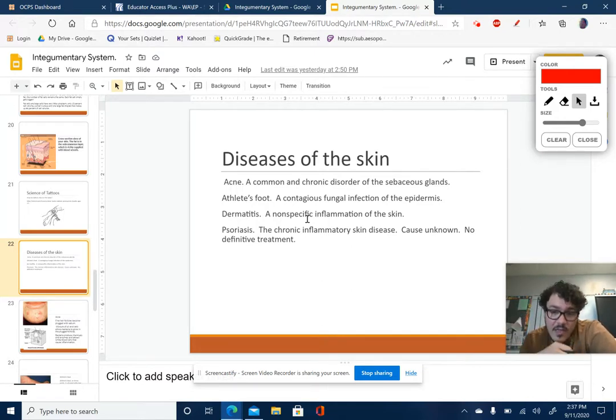On the subject of a lot more serious, psoriasis. Psoriasis is a rather complex condition. It is chronic, so it's something that lasts a long time. Sometimes there are cases where people get psoriasis at a young age, even teenage years, and they grow out of it. Other times, for most people, they get psoriasis in late adulthood, and they have it for the rest of their lives. The big problem with psoriasis is that the cause of it can be unknown.